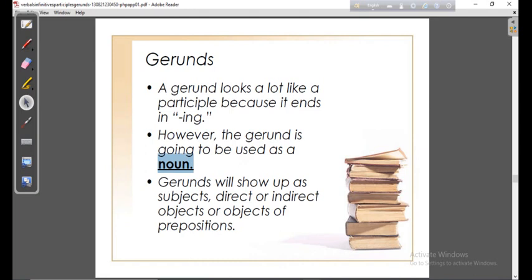Gerunds will show up as subjects. A noun may be the subject. So gerund may be the subject. A noun may be the object. So gerunds also may be the object of a sentence. And I know objects are of two types: direct object and indirect objects. And a noun may be the object of a preposition, like I live with my mom. So with is the preposition and my mom is the noun.